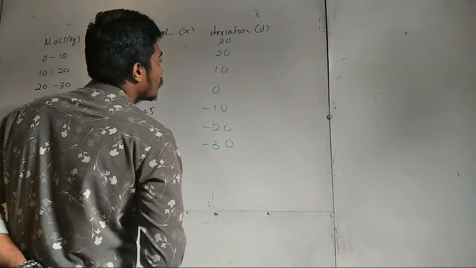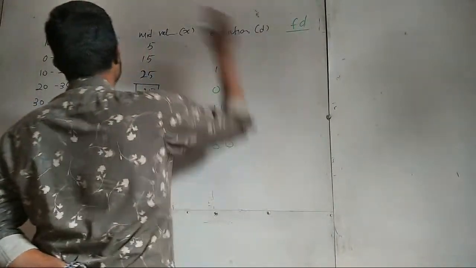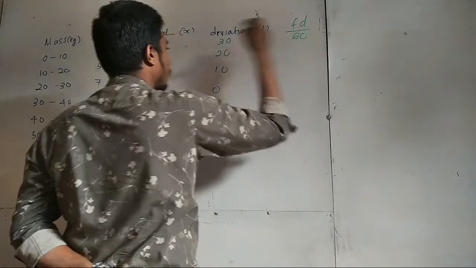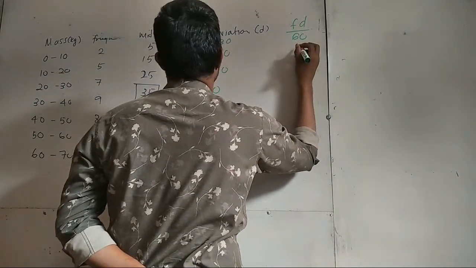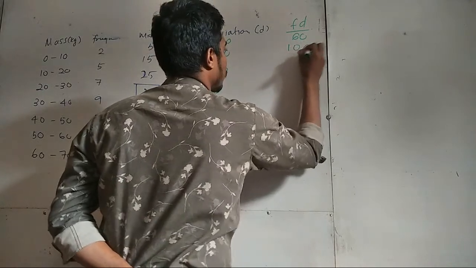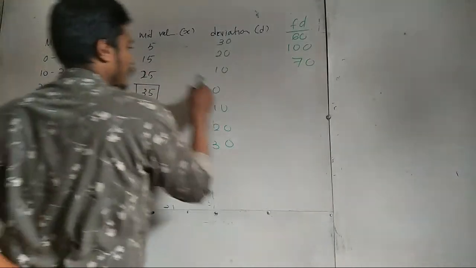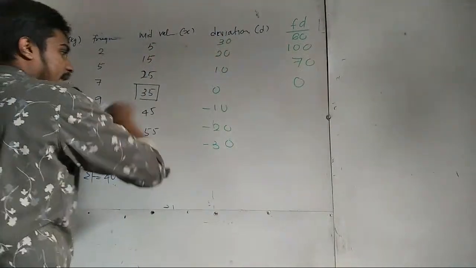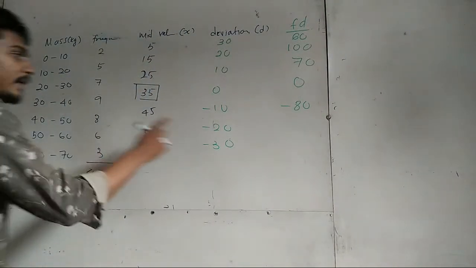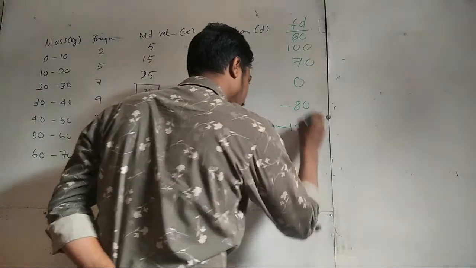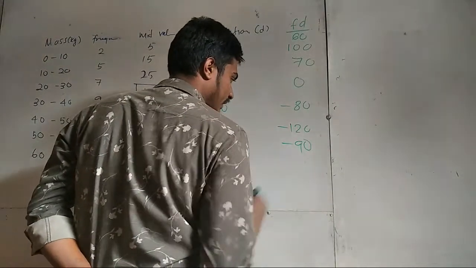Now students, you can build a new column fd. fd means 2 into 30 is 60, 5 into 20 is 100, 7 into 10 is 70, 9 into 0 is 0, 8 into minus 10 is minus 80, 6 into minus 20 is minus 120, 3 into minus 30 is minus 90.